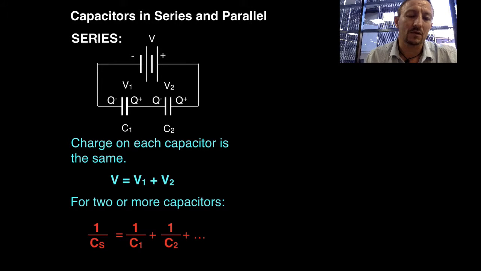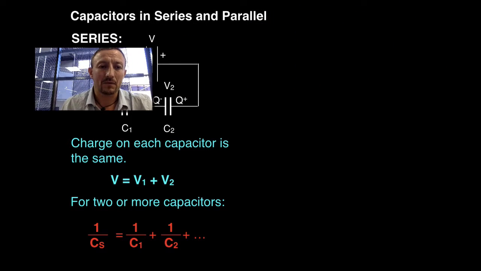The key thing to remember is to solve the right hand side first. So do 1 over C1 plus 1 over C2, get a fraction, and then top and tail the fraction, inverse it, and that will give you the total capacitance for that circuit.